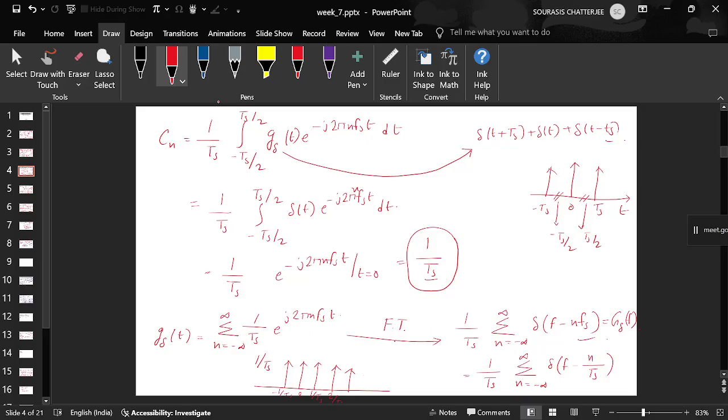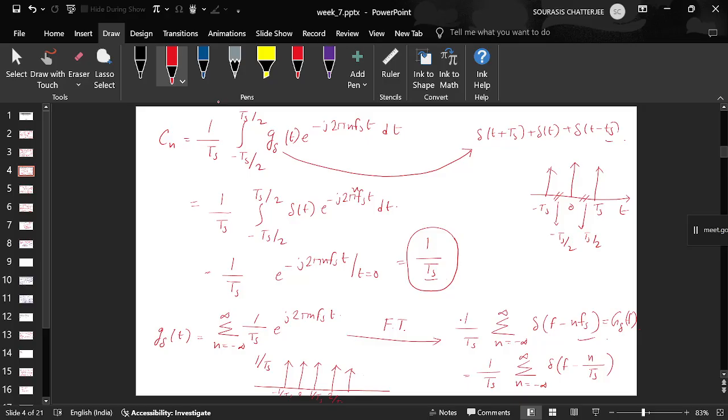And now when we take the Fourier transform of the same, we can see this is an infinite sum of complex exponentials. And what is the Fourier transform of a complex exponential? It is a shifted impulse. And what is the amount of shift? That is the frequency of the complex sinusoid.